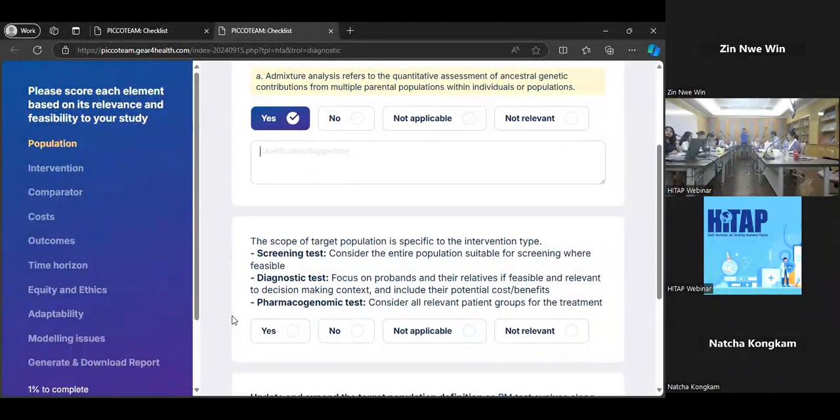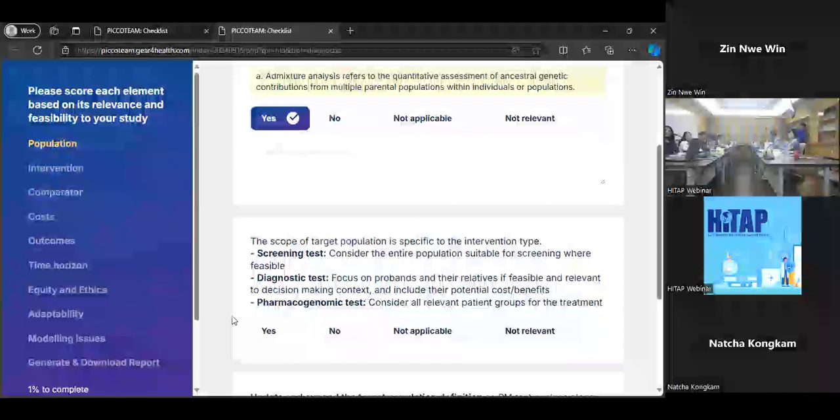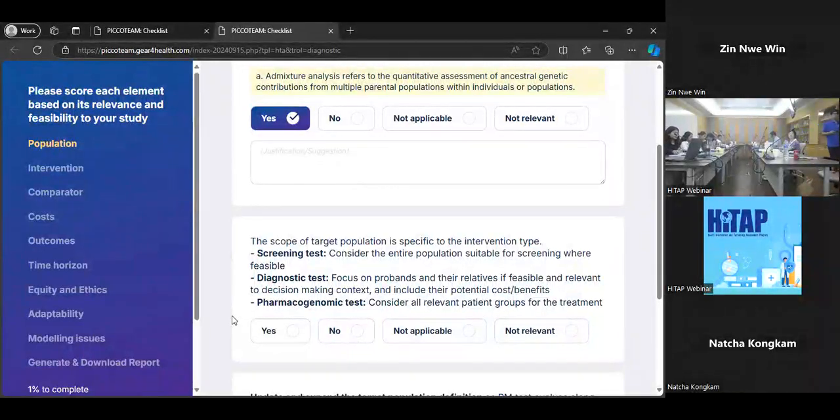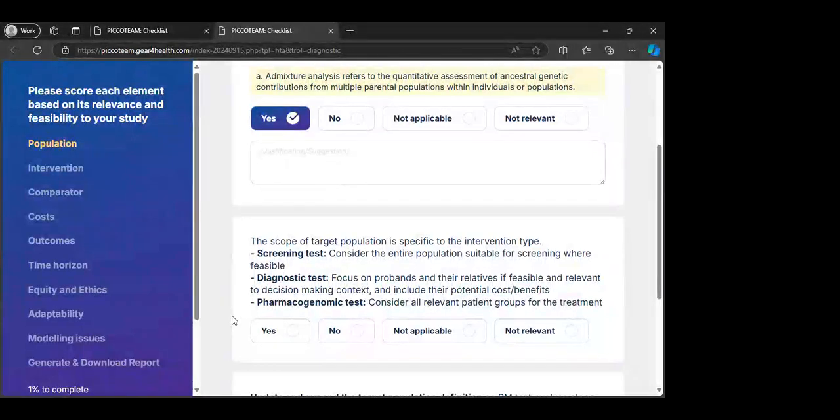For example, for screening tests of a disease disposition, you may want to consider the entire population suitable for screening, for example, screening breast cancer early using genetic tests. For diagnostic tests, maybe you want to focus on the probands who have the mutation and then screen their relatives. And for pharmacogenomic tests that identify treatment effectiveness, you consider the relevant patient group for the treatment.